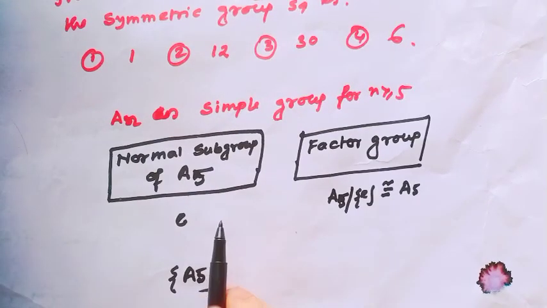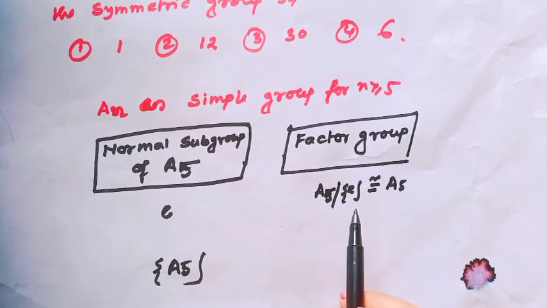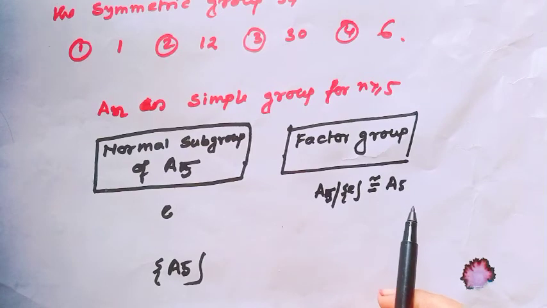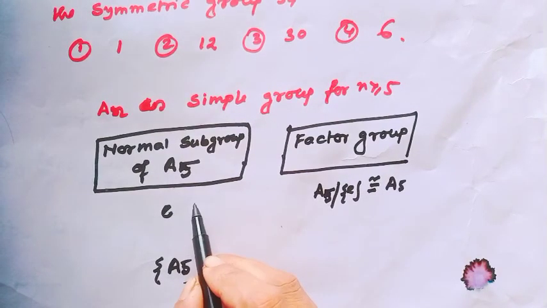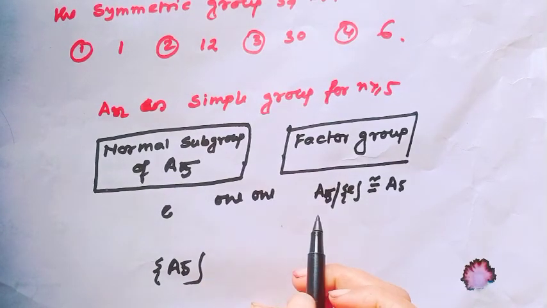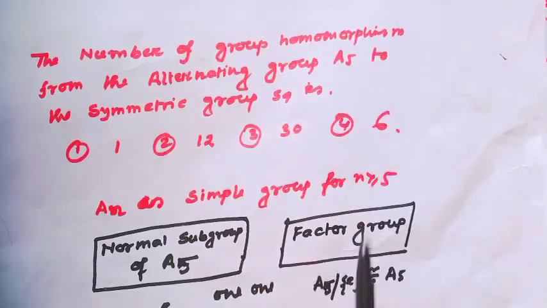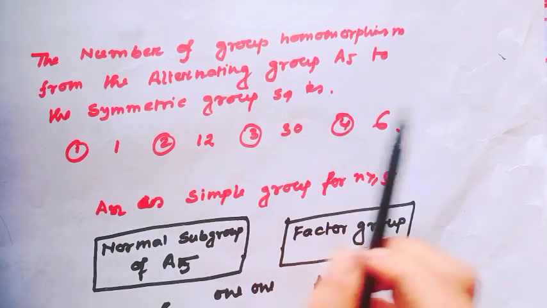When the normal subgroup is identity, then the factor group would be A5 mod identity, which is isomorphic to A5. And if the kernel is identity, then the map is always 1-1. And look, the group A5 and the group S4 are both finite groups.